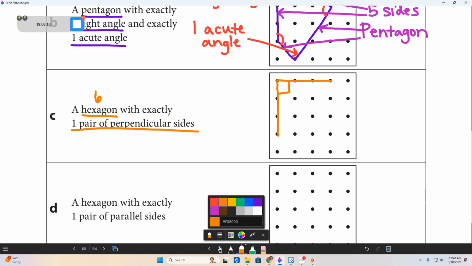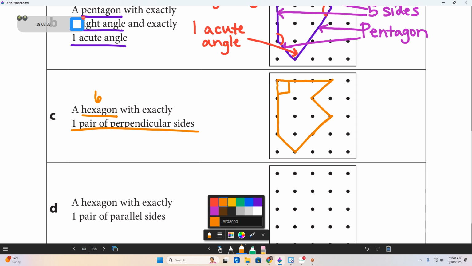So we've got 2 sides, 3, 4, 5. That one might be 3, 4, 5, 6. And I don't think any of those are perpendicular to each other.